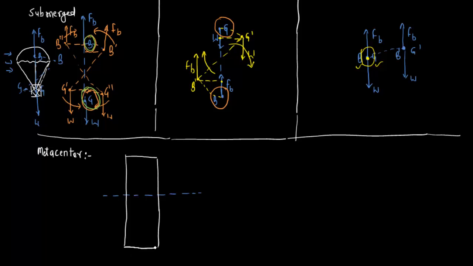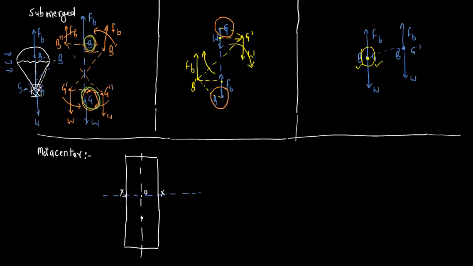So this is the floating body, and let's suppose this is the axis of this body. This point I'm calling X, this point is also X here, and this center I'm calling O.